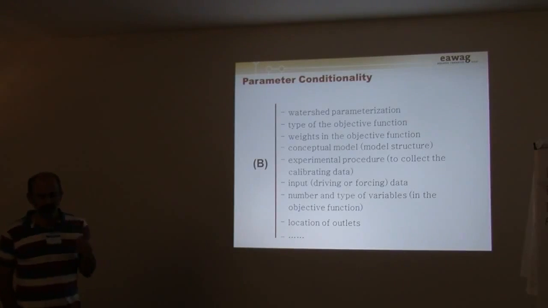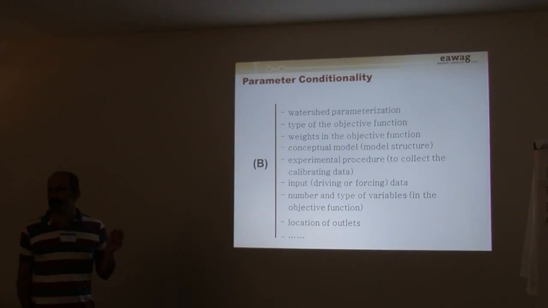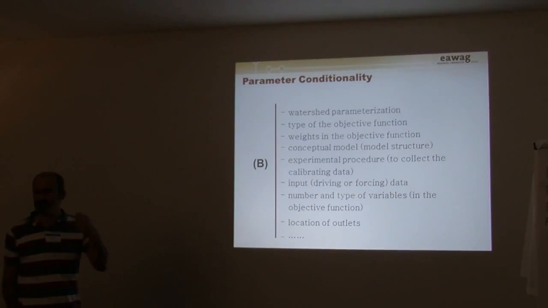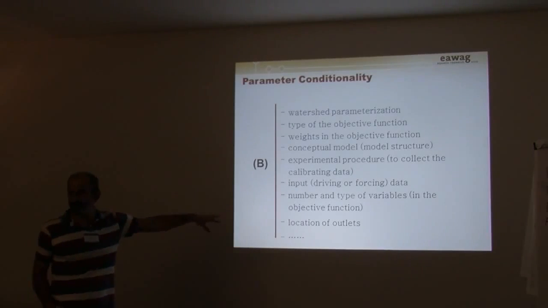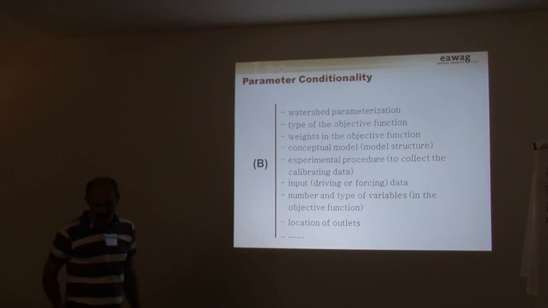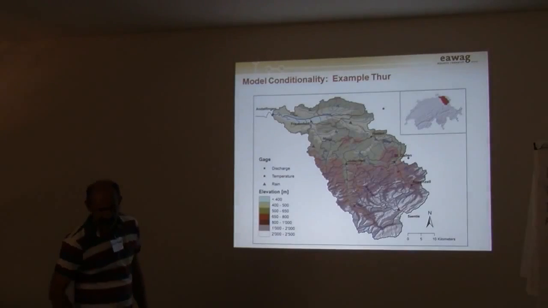So your model is conditional on these. You have to make sure that when you validate it or apply it, if you go too far beyond these assumptions, you may get anything.